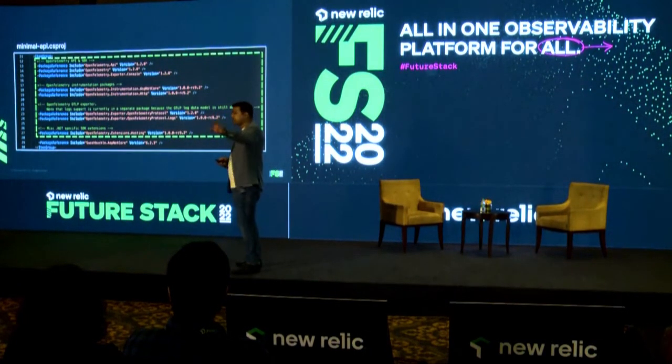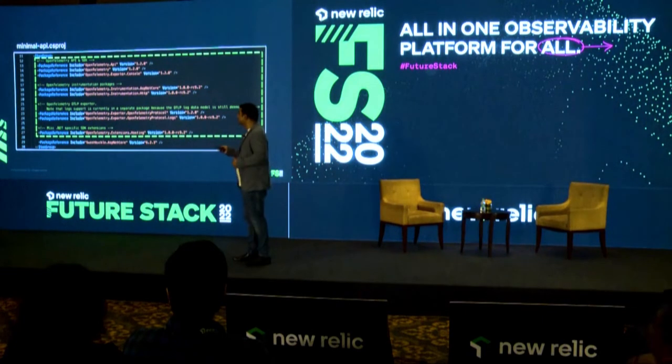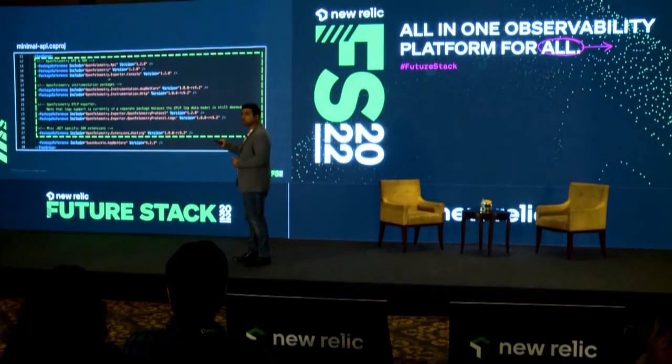Now I understand this can be a bit difficult to look at in the back, but this is the project definition. For .NET developers out there, they will know that this is a project definition in which I'm including OpenTelemetry APIs, the console exporter for troubleshooting, and the instrumentation, which is a language-specific API, ASP.NET Core.